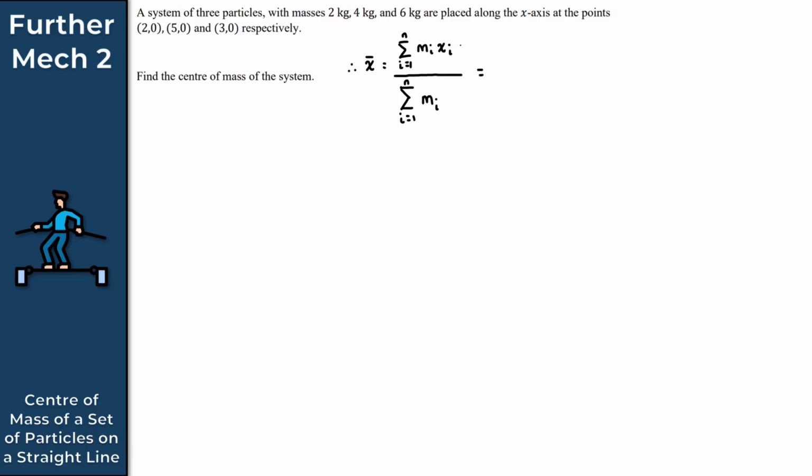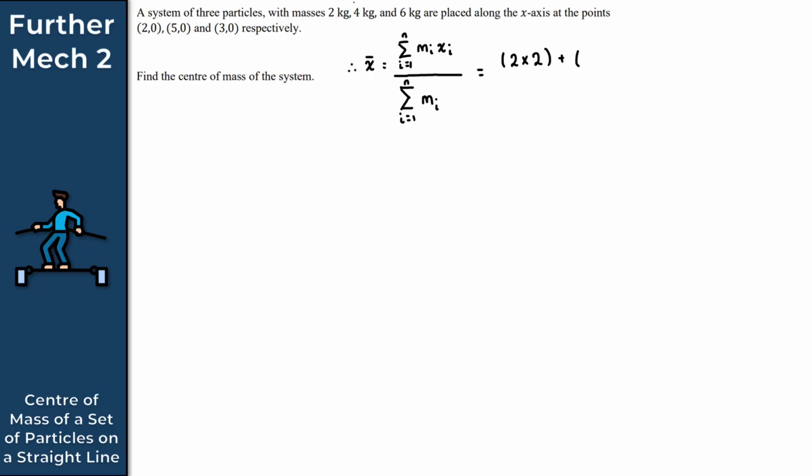So for the numerator, nice and straightforward. All we do here is take the masses and multiply them by the respective perpendicular distance from the origin, okay? So for example, what I'm going to get here is 2, because this mass is 2, times the perpendicular distance from the origin, which in this case is 2. So we get 2 times 2, like so. This is a summation, right? So we now add the next product.